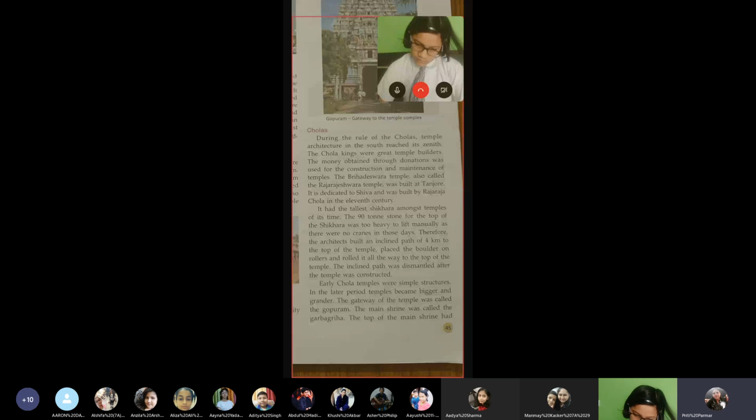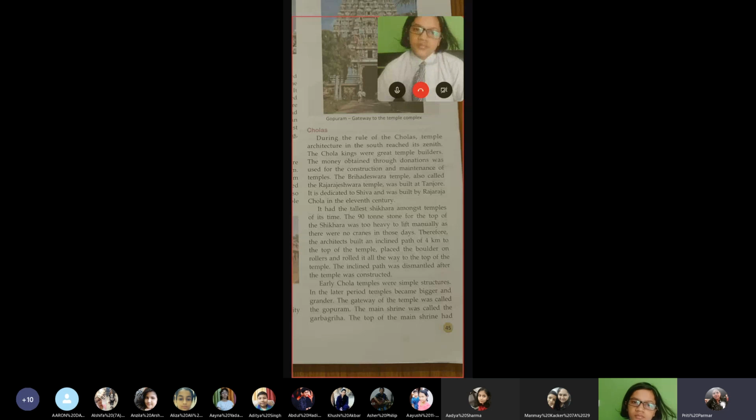That means just next to that rock, a path was made going in an inclined way, like the slides that you have. A sliding path was made, and the stones were rolled up to the top of the rock, and then gradually the construction of the temple took place. And once the temple was completed, this side path was dismantled, removed, okay?